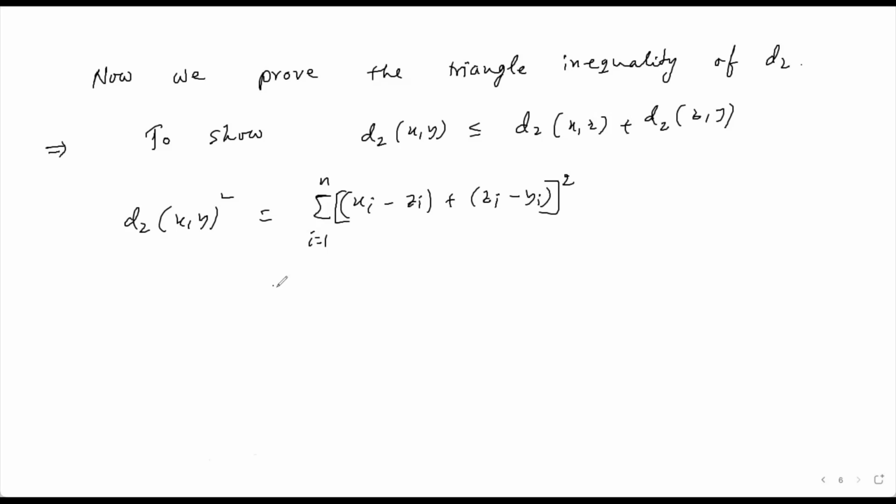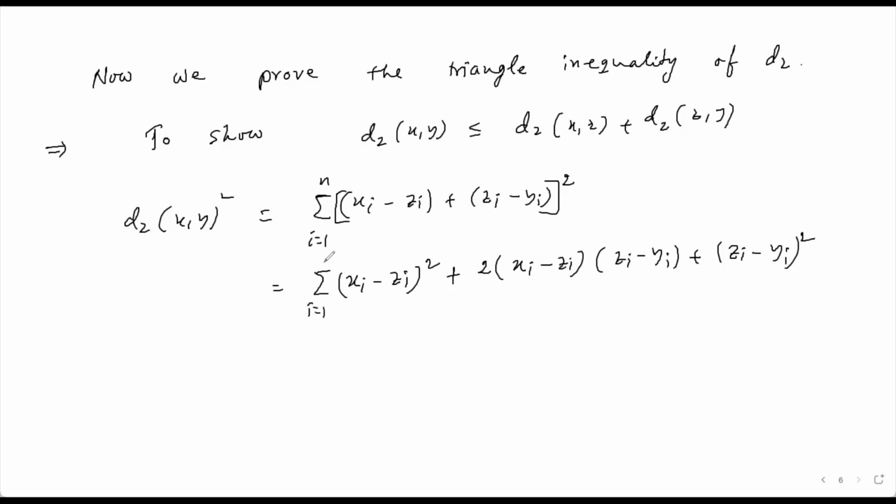This is equal to xi minus zi whole square plus 2 times xi minus zi times zi minus yi plus zi minus yi whole square, with summation over i equal to 1 to n at every place.